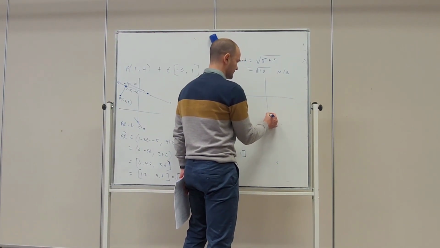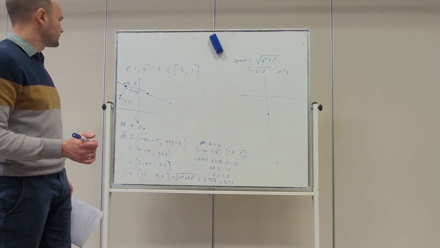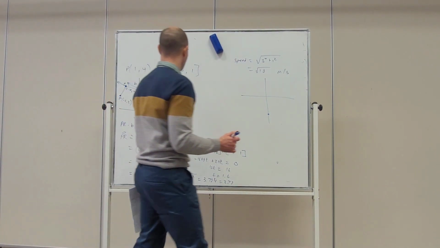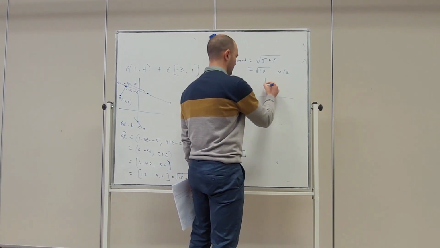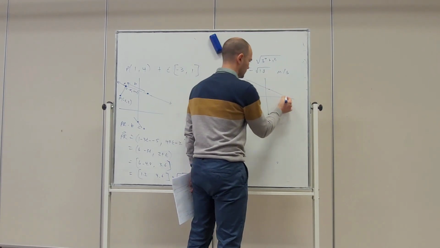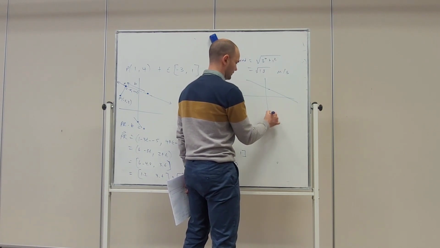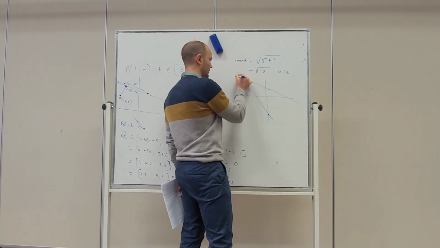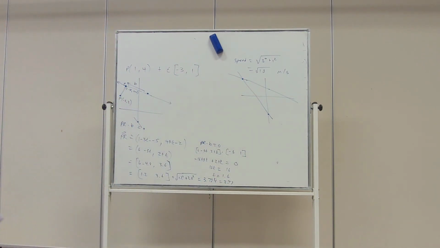So let's say we've got minus 10 here, and for our sailboat we had 1, 4, and a slope of a third, so it's very shallow. And this one has a slope of minus 1, like that. Here's where the sailboat is crossing the equator line.